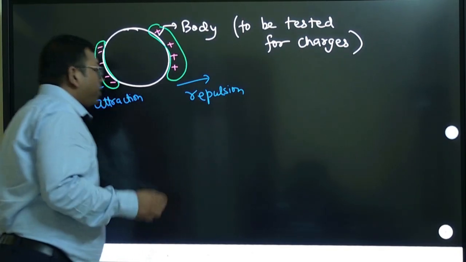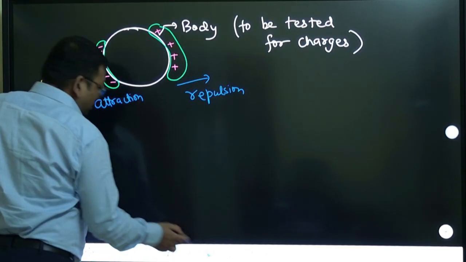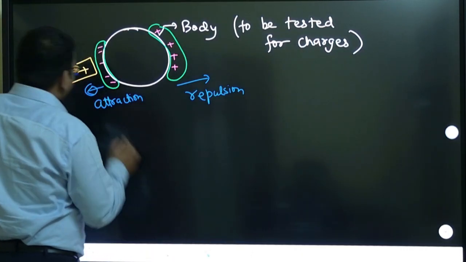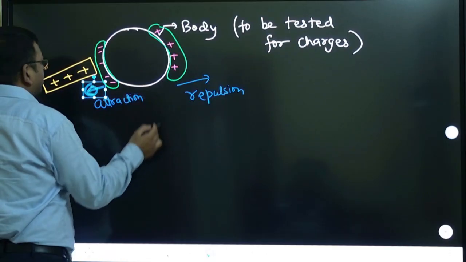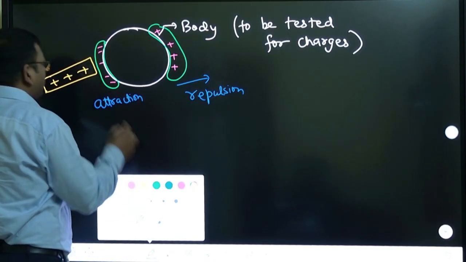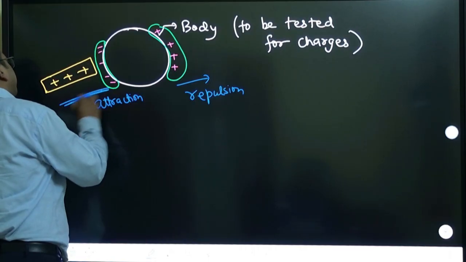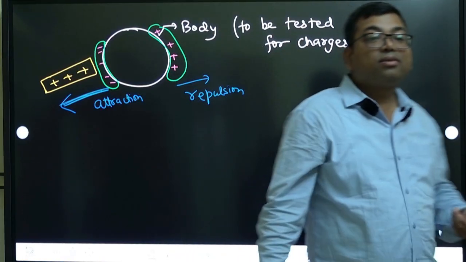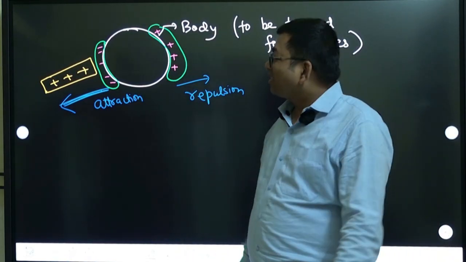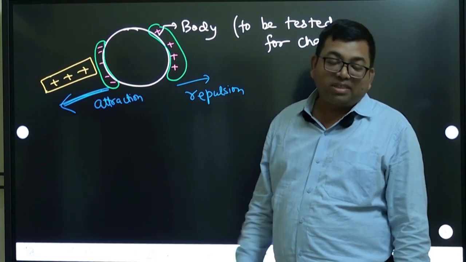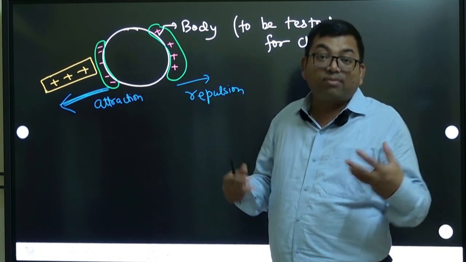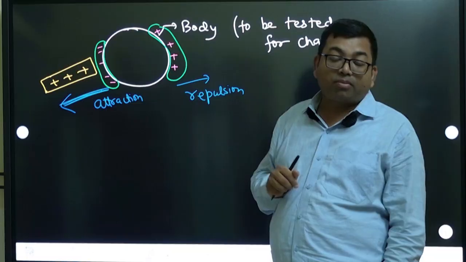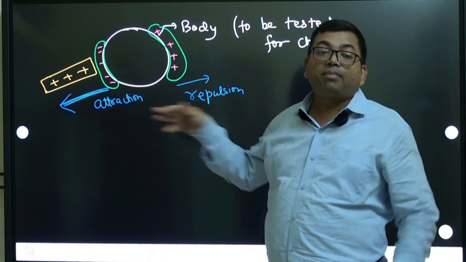But there is an important point to note: the force of attraction will be more as compared to repulsion. Why? Because this surface is near to the rod, so its influence will be more, and this charge is further away from the rod, so its influence will be less.